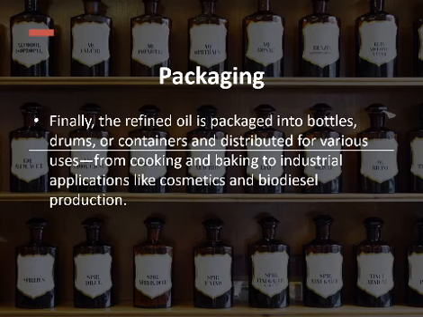Onto its packaging. After the soya bean oil has gone through all these processes, it's time for packaging. And here, the refined oil is packaged into bottles, drums, or containers and distributed for various uses, from cooking and baking to industrial applications like making cosmetics and biodiesel production.